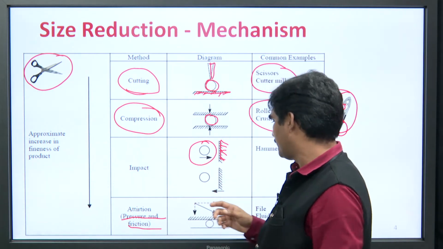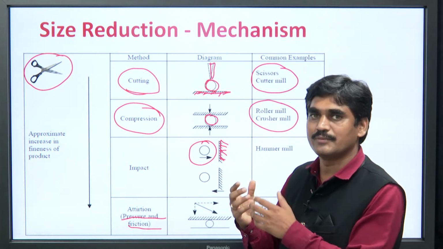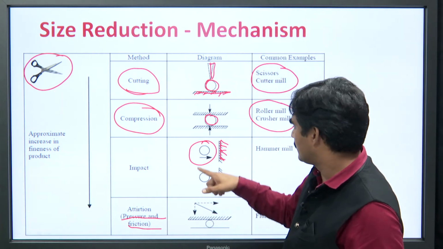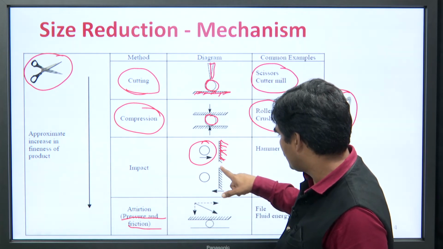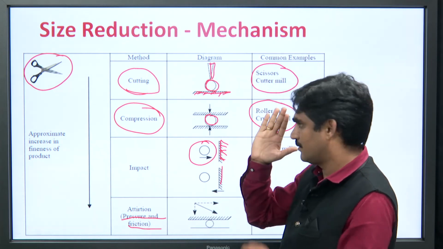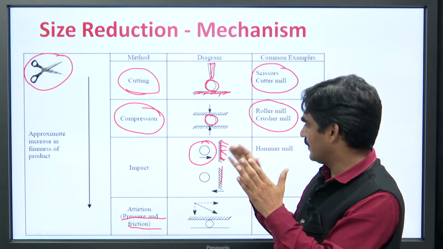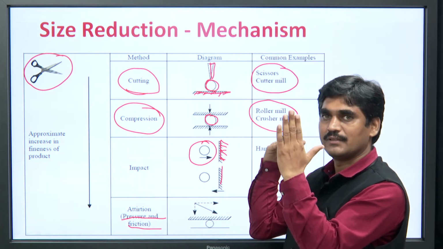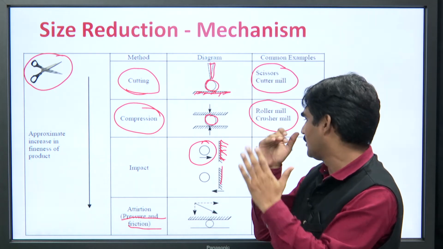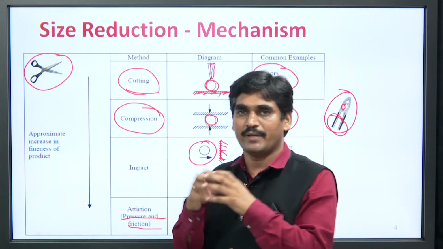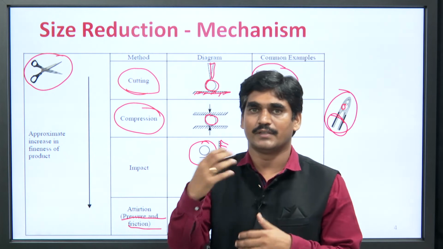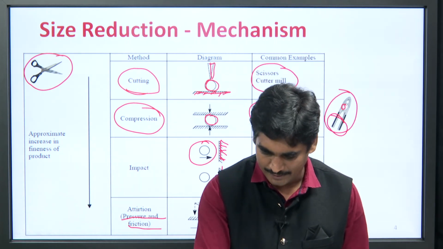So, that type of mechanism is called impact. Two types of steps follow. One, the surface is fixed and the object is hitting the body. Second, the object is fixed and the surface is moving and hitting the body. In this way impact can be applied so that size reduction takes place.